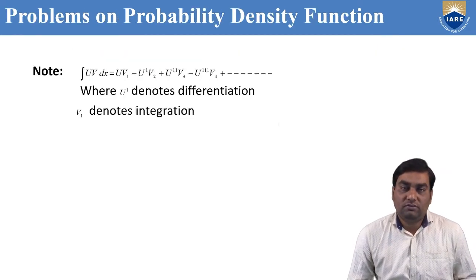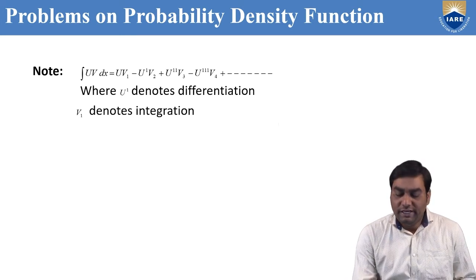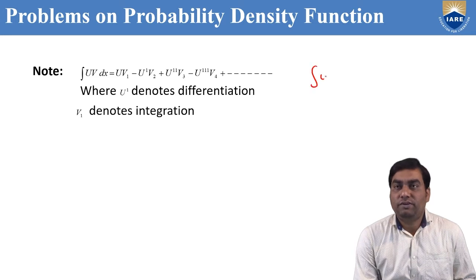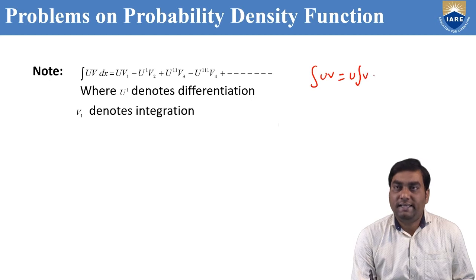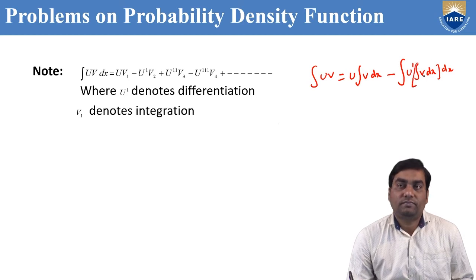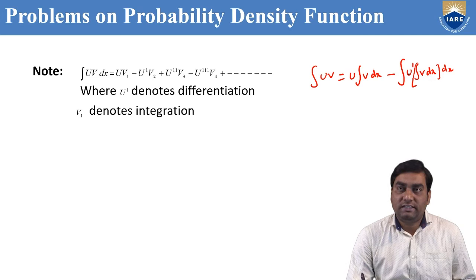Before solving the problems on probability density function, we need to know the integration by parts formula. At intermediate level, the integration of uv formula is u into integral v dx, minus integration of u dash into integral v dx, and the outer dx, because two integrations are there, where u dash is the differentiation of u.